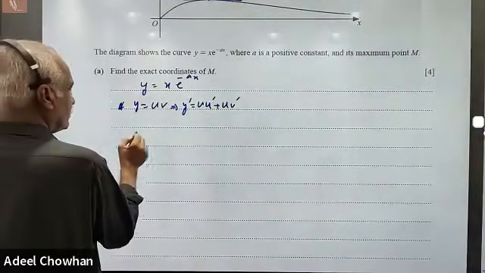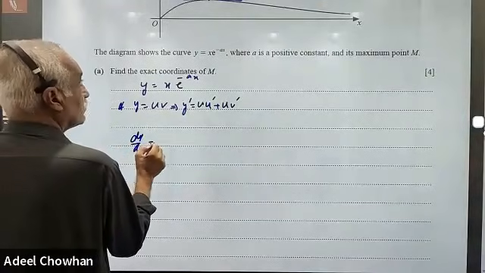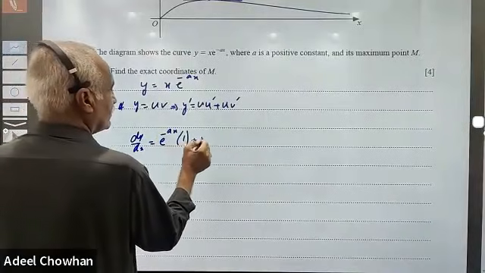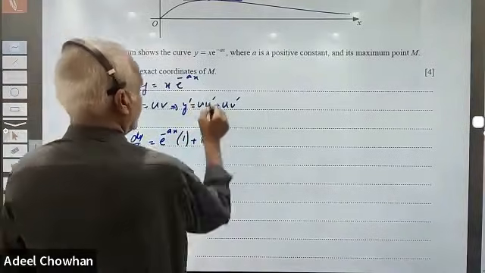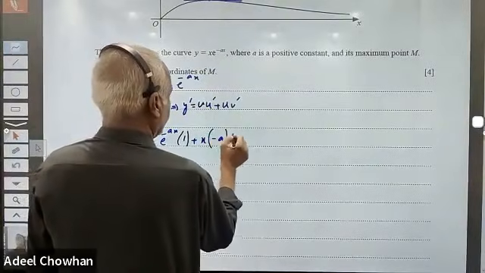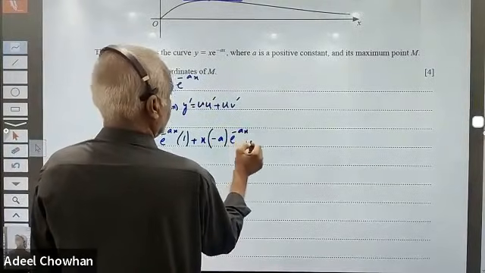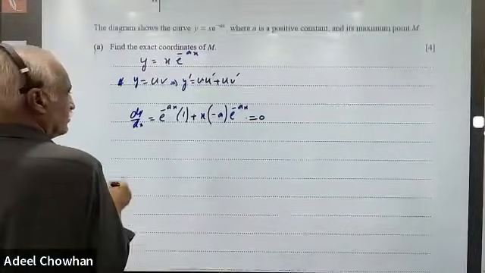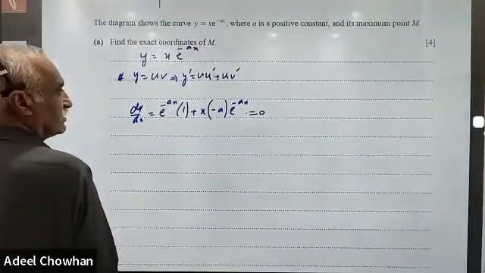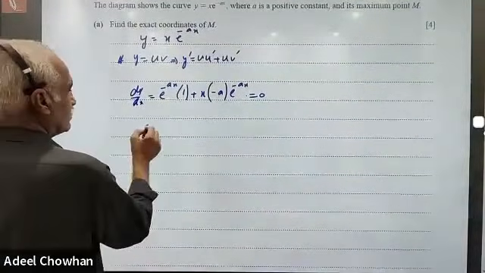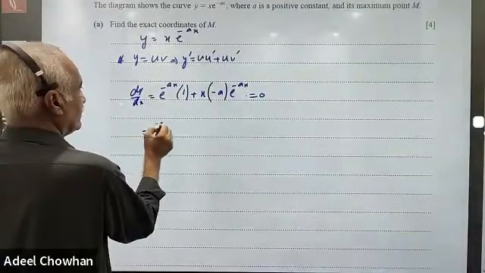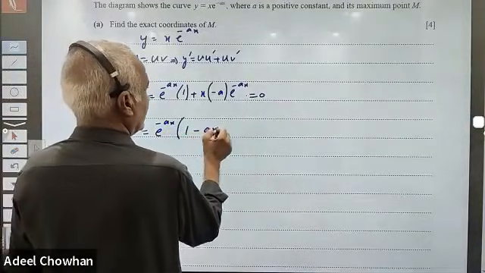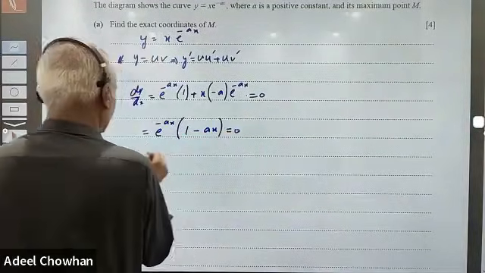So dy/dx will be e^(-ax) into the derivative of x, which is 1, plus x as it is into the derivative of e^(-ax), which is -a e^(-ax), and that will be equal to 0, because we are finding the coordinates of M where the derivative is equal to 0. So here we take e^(-ax) as common, 1 - ax = 0.